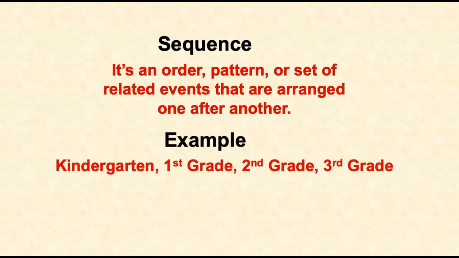An example of this would be the sequence of grades that you go through in school, such as kindergarten, first grade, second grade, third grade, and so on, up through middle school and high school until you graduate. Another way to think of sequencing would be like chapters in a book. Chapter 1, Chapter 2, Chapter 3, Chapter 4, and so on.